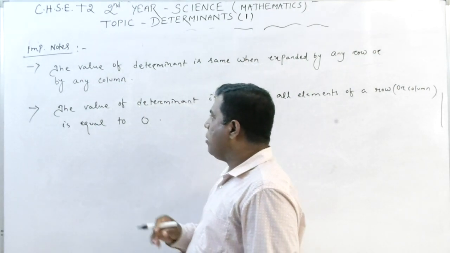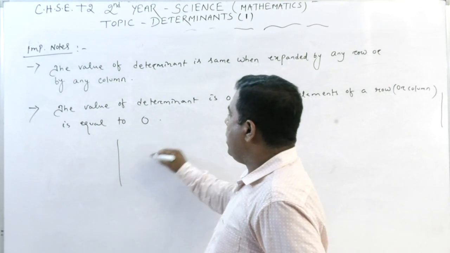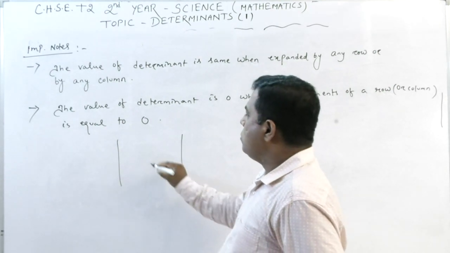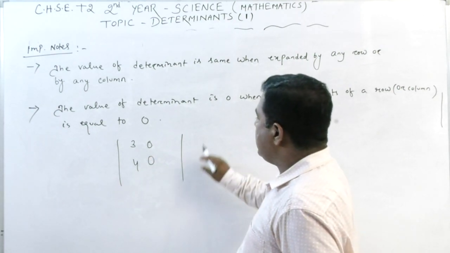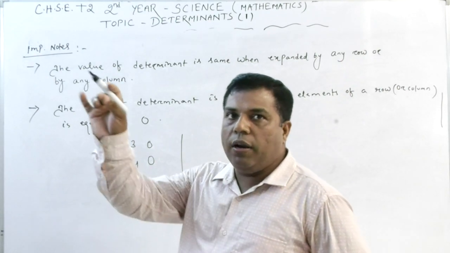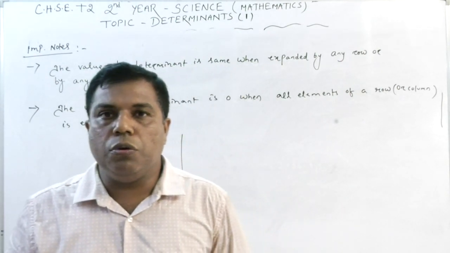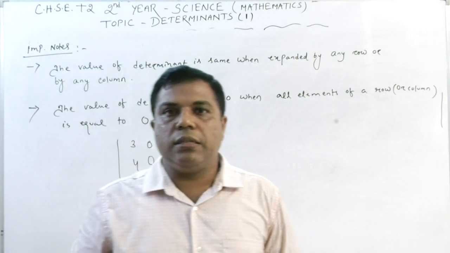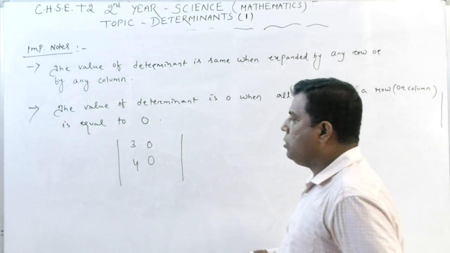This is one of the important things. You see, suppose one determinant is there and you have to find out. Suppose 3 0 4 0. You see, it is a second order determinant, and its second column, you can see that all entries are equal to 0. So if all elements of a single row or a single column are 0, the value of determinant is 0.